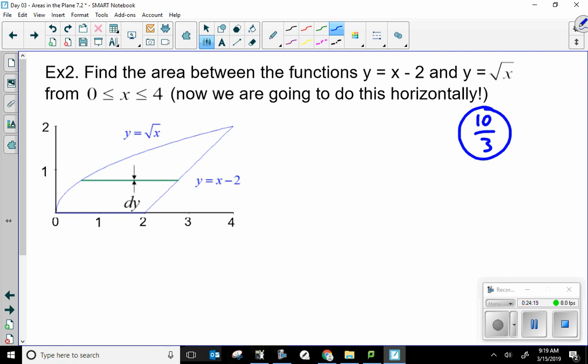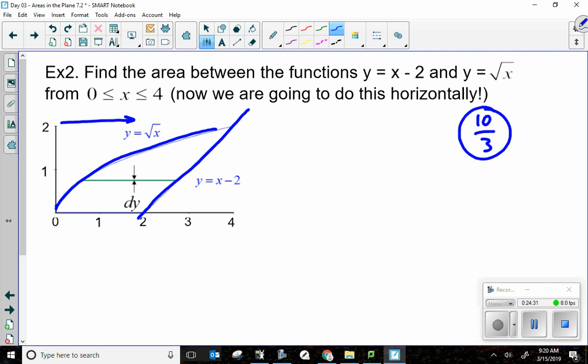So instead of up and down, I go left and right. Which is the bigger function? This x minus 2 is further right, further from my y-axis than this is. All right, so my top function is x minus 2. My bottom function is the square root of x.